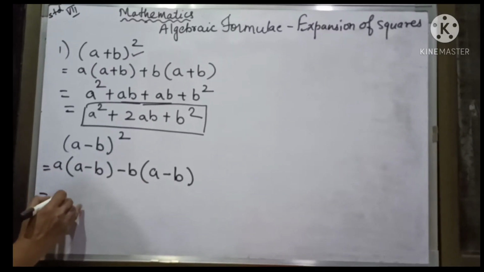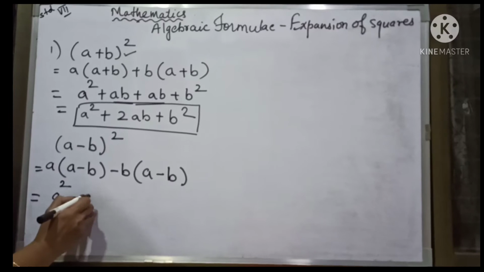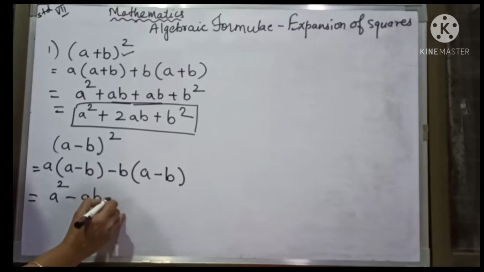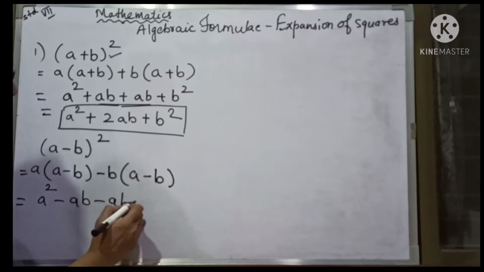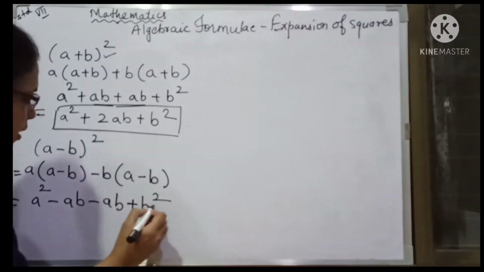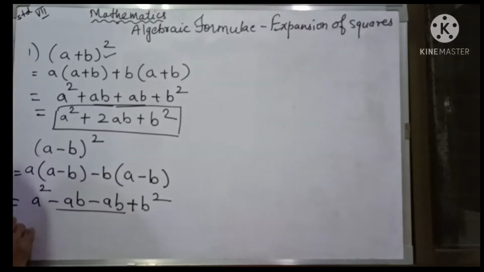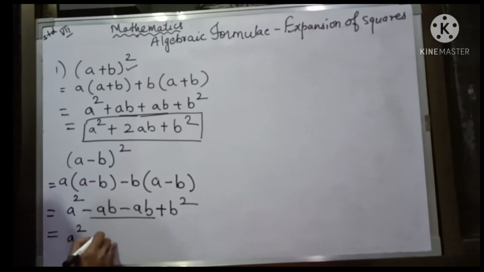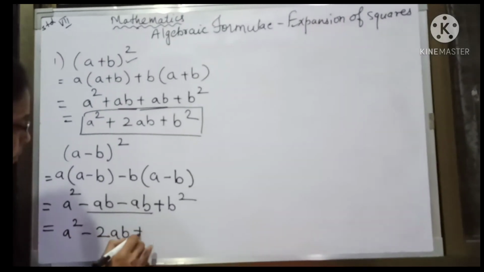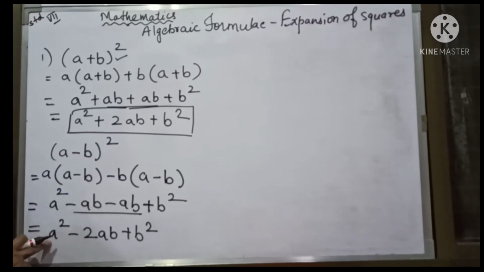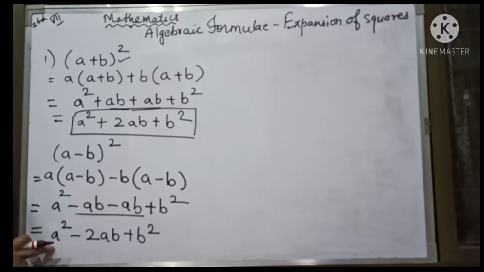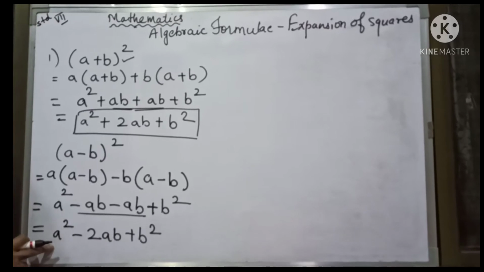A square minus AB minus AB minus B into minus B will be plus B square. Do the addition of this. A square minus 2AB plus B square. So these two formulas we will be using for expansion of the given binomial.